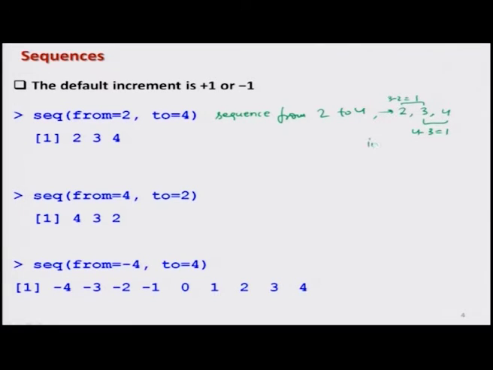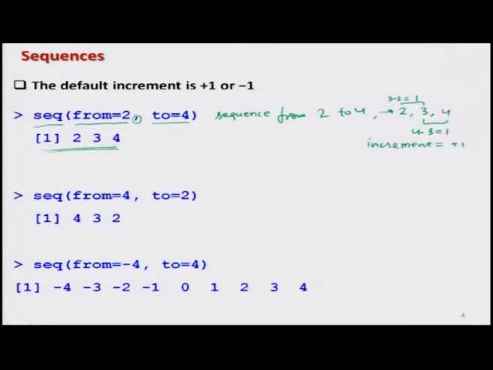So, the increment in each of the values is +1 unit. As soon as you write SEQ from equal to 2, separated by comma, and then to equal to 4, and you enter, you get this outcome 2, 3 and 4.